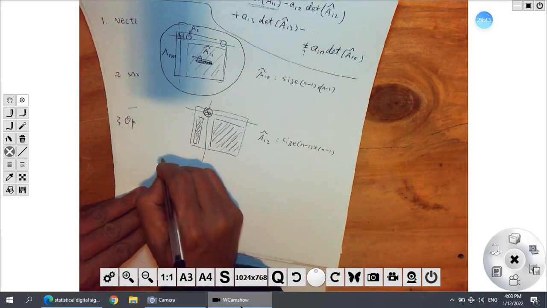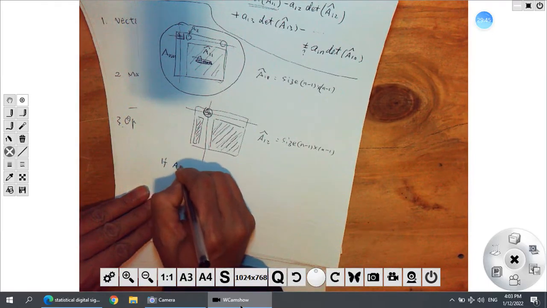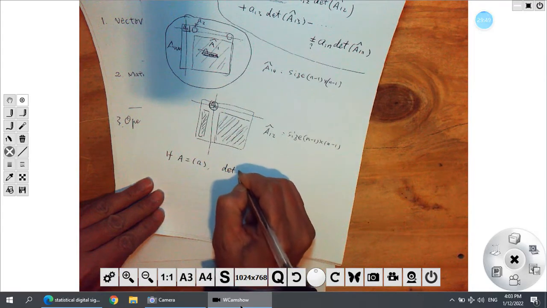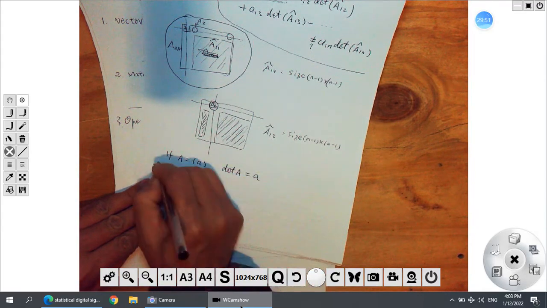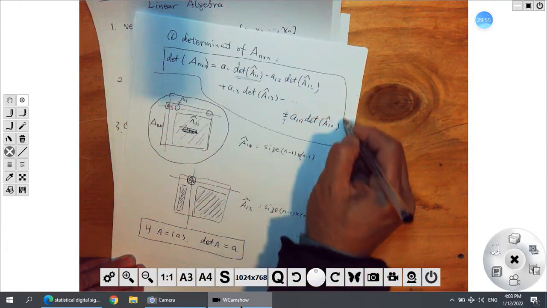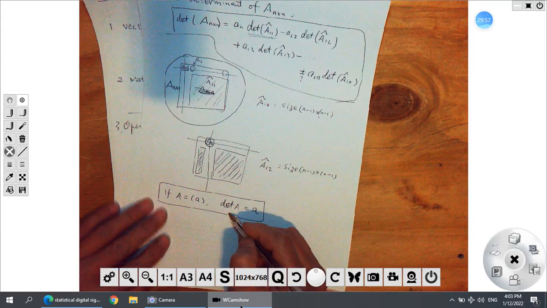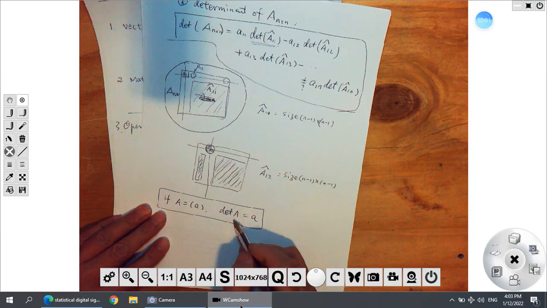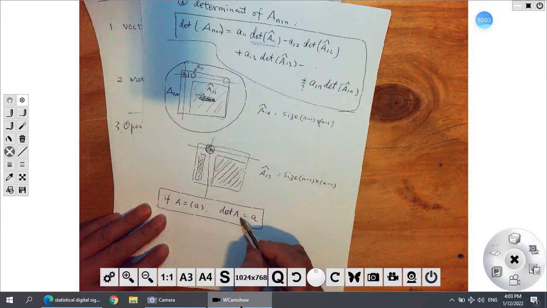If A is just one element, then the determinant of A is just A. So we have two formulas. We combine these two, and then we can calculate the determinant of any matrix. You got it? Yeah. Okay.